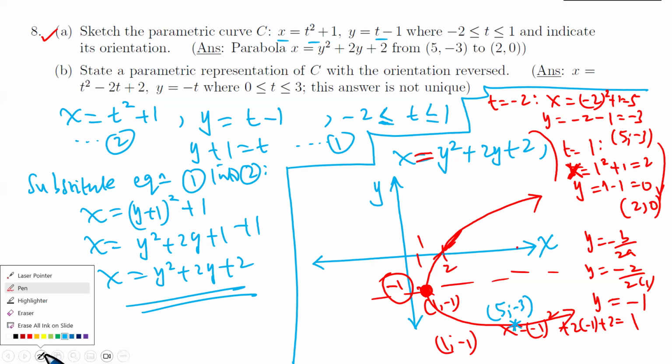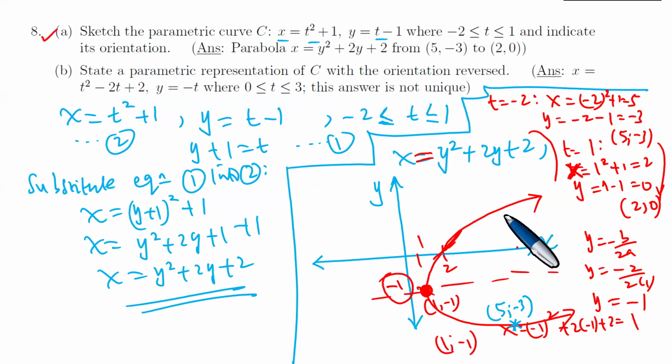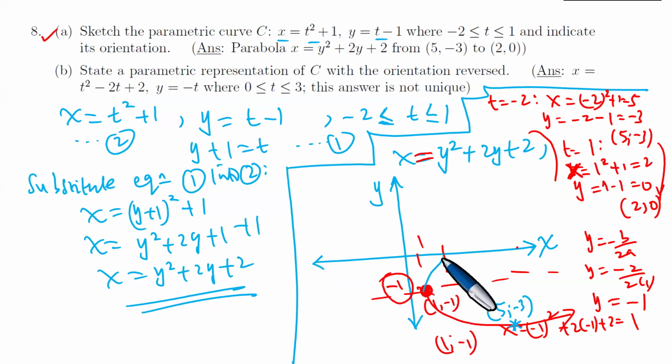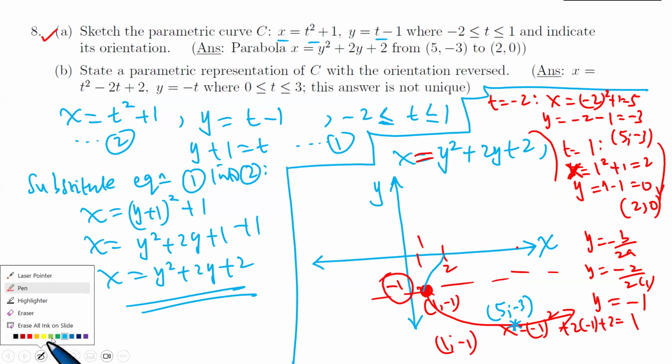So it's going to stop here. X is 2, y is 0. Can make it red.